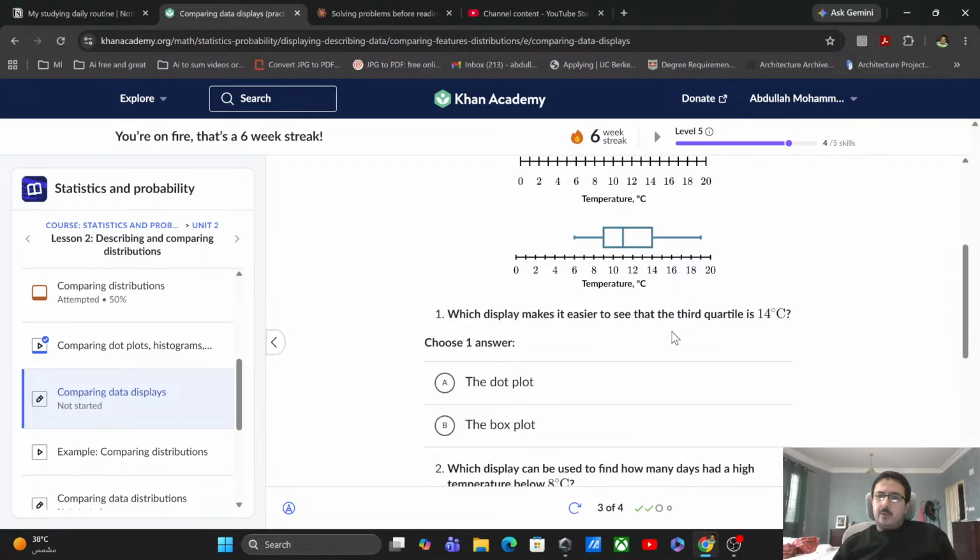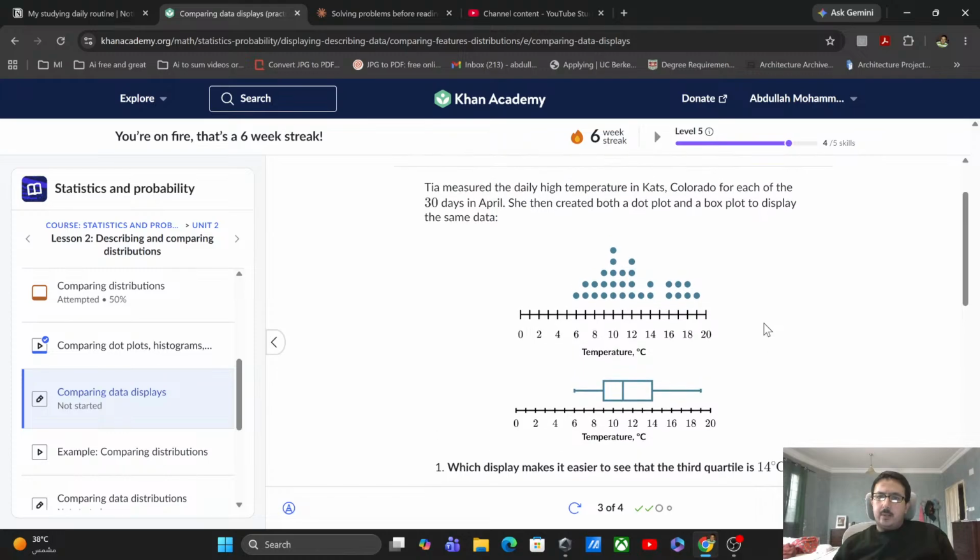It makes it easier to see that the third quarter is 14 degrees. The temperature in cities, Colorado, for each of 30 days.